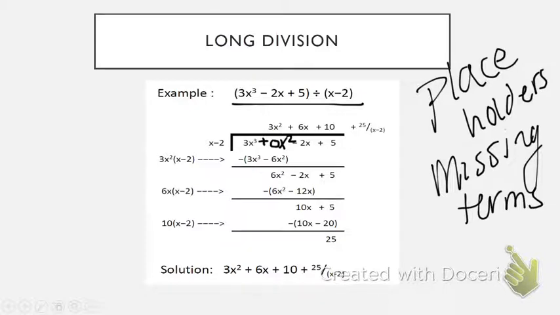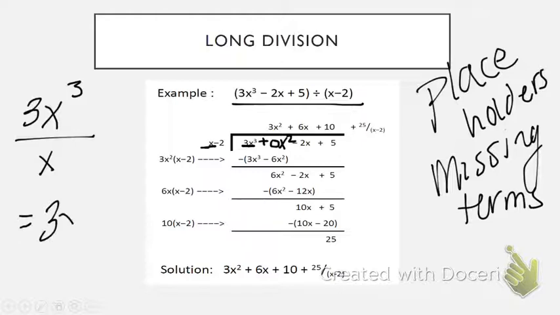Now, as we told you, to do long division, we need to divide 3x cubed, which is your first term, your leading term, by your leading coefficient of your divisor. Okay. So 3x cubed divided by x, that equals 3x squared. So that is where I put my 3x squared, all right, above my 0x squared term.